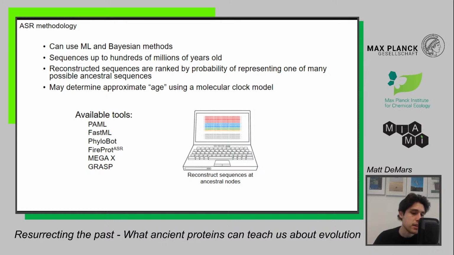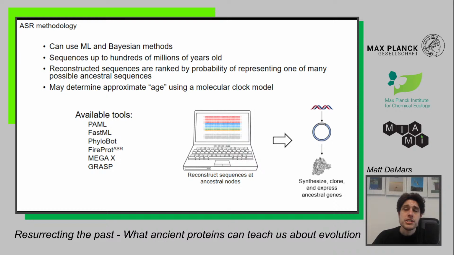It does everything basically automatically. All you have to do is feed it your query protein sequence. And so again, once you construct these sequences, most people will want to have the gene synthesized and then cloned and expressed in a suitable heterologous host.